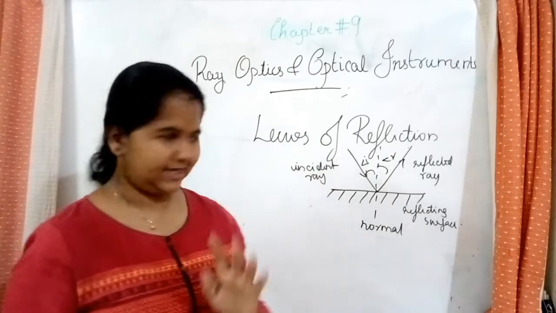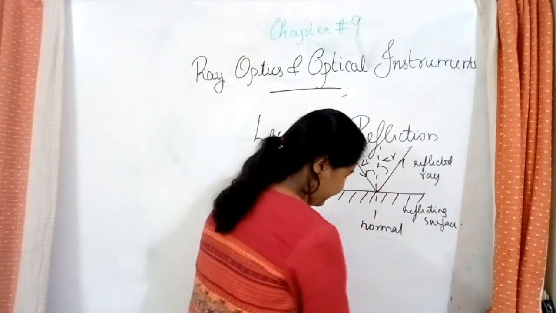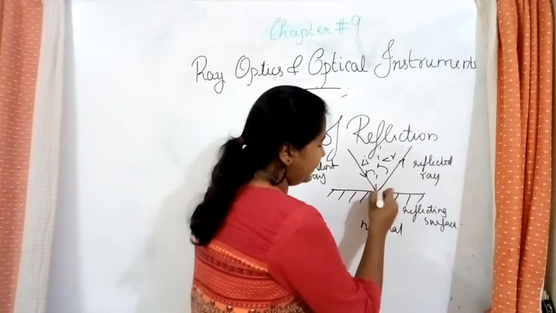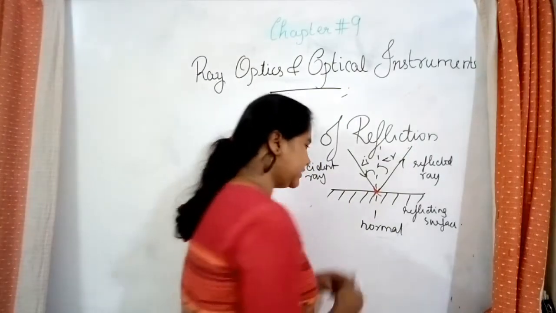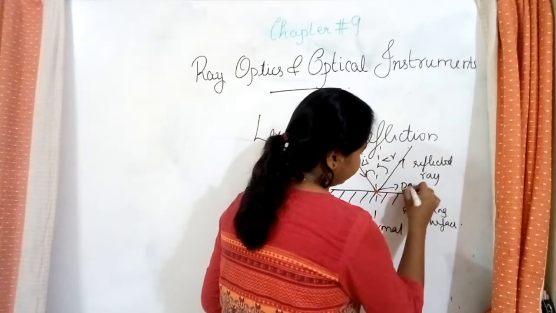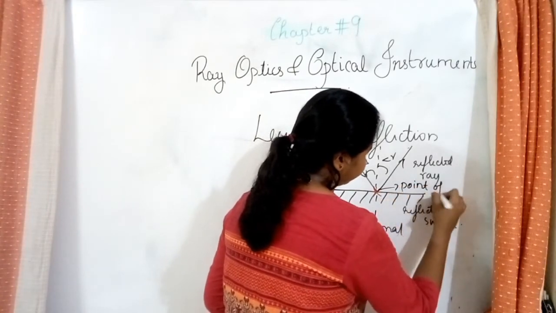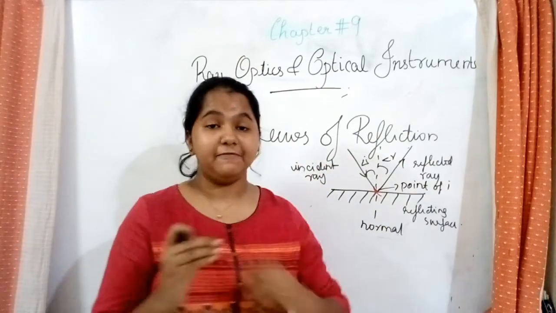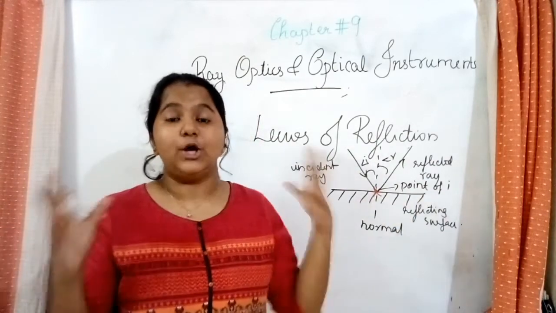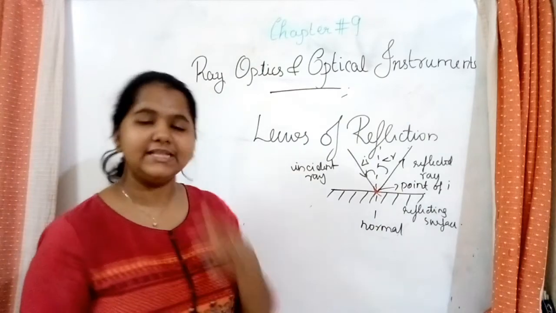I hope this is clear. And this point is called the point of incidence. We have labeled the diagram. Now let's see the laws.